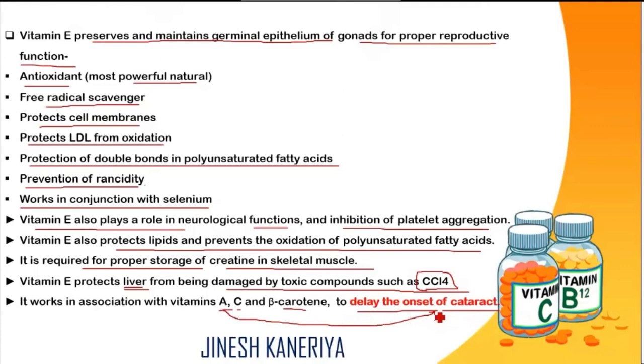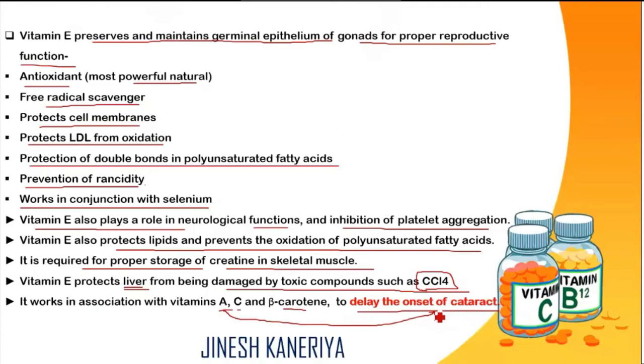The eyes are damaged due to a lower amount of vitamin A, so these are also important in association with vitamin A or vitamin C to delay cataract formation. It means the eyes are damaged with deficiency of vitamin A.